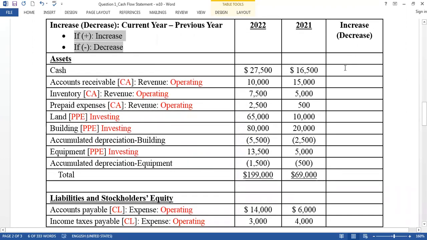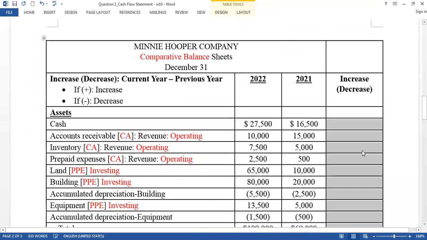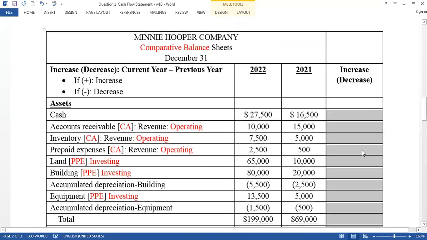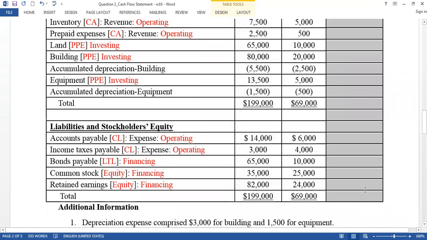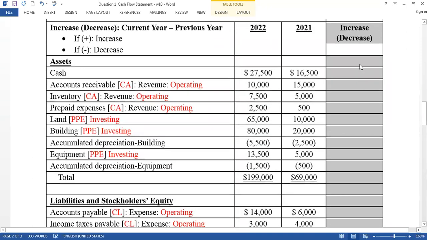Although in the exam I will not ask you to do that, you should do it because it will help you solve the question very quickly and accurately. This is not mandatory. You need not do this column, and I will not even see it, but you can do it to make your answer more accurate.